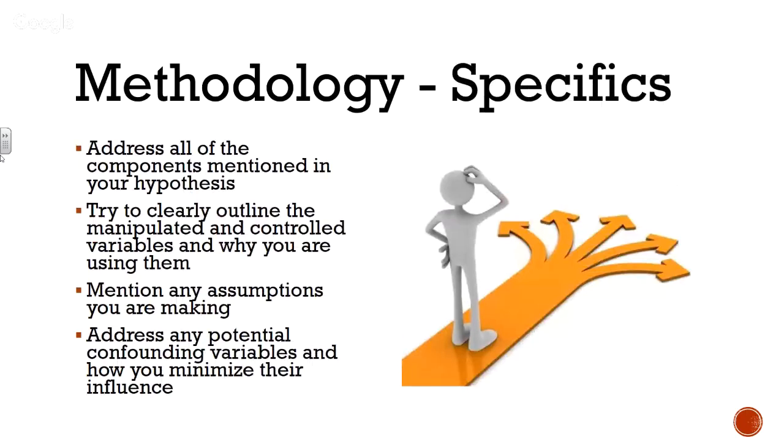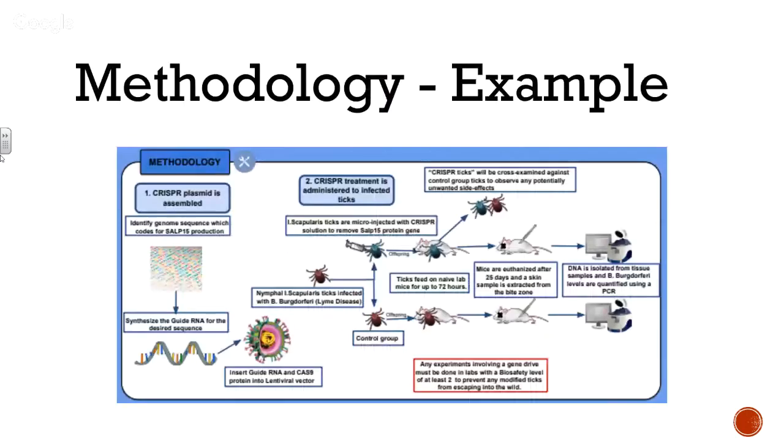Okay, so to get back to this point, mention any assumptions that you're making. In the context of the methodology that we took, let's say there's not enough previous research as to which virus to use to infect the tick cells in order to introduce the CRISPR. How CRISPR works is you need to insert the CRISPR-Cas9 complex into a virus in order to infect the cells of the ticks, so that the edit occurs in all the cells.